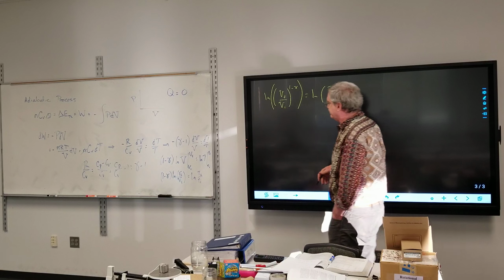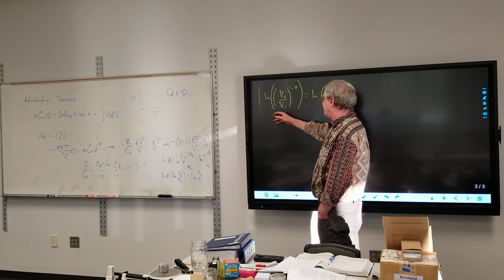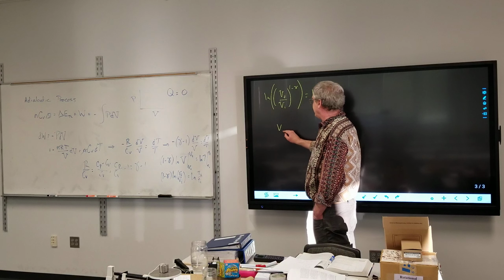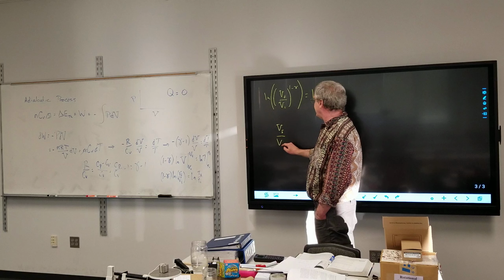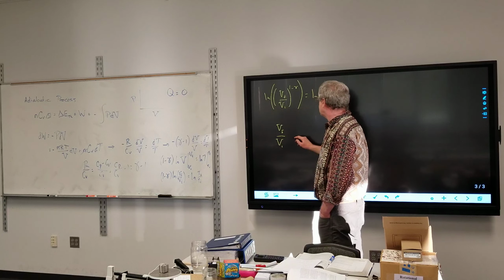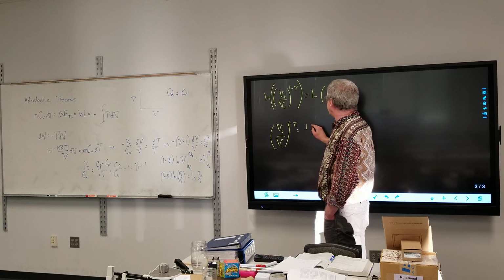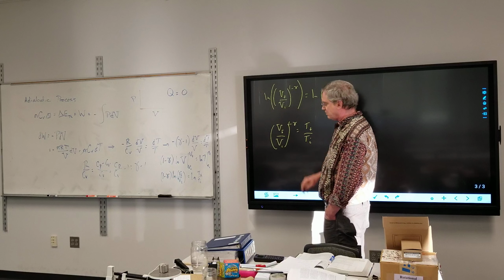And do the inverse function for both, so this must be equal to that. We have Vf over Vi to the 1 minus gamma is equal to Tf over Ti.